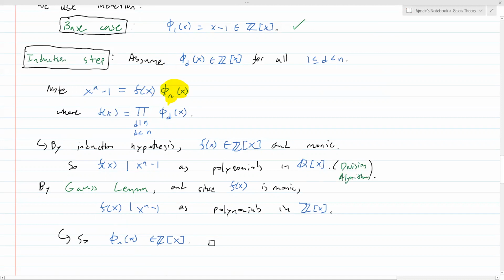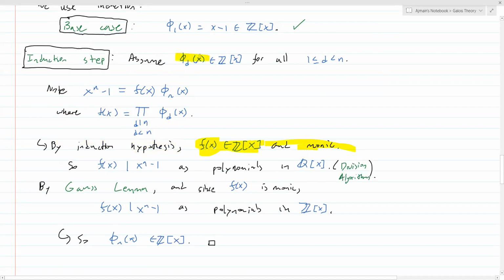Since n divides n, phi n is a factor as well. The remaining factors are the products of dth cyclotomic polynomials where d is less than n and a factor of n. Call that product f of x. By the induction hypothesis, f of x has integer coefficients and is monic.